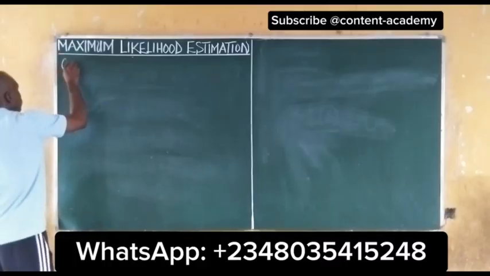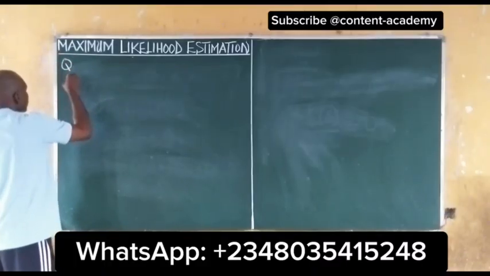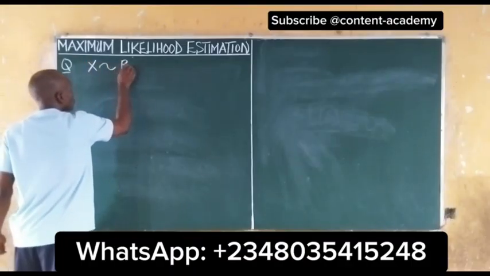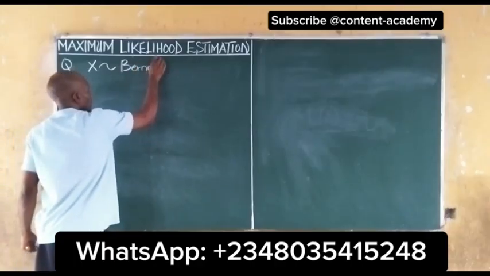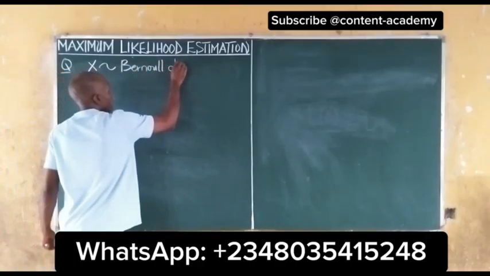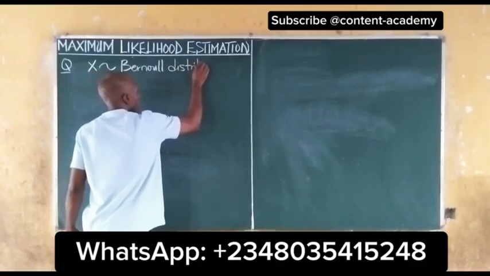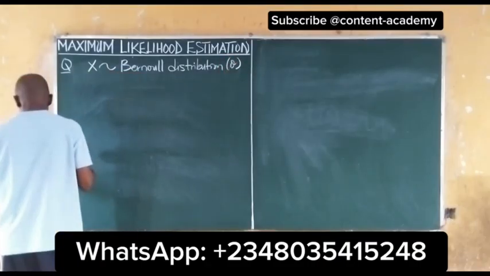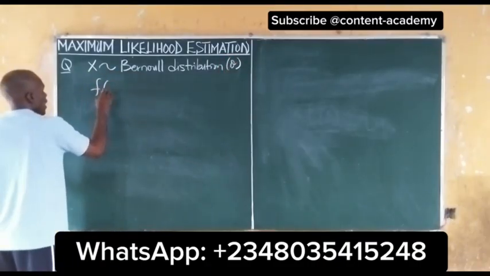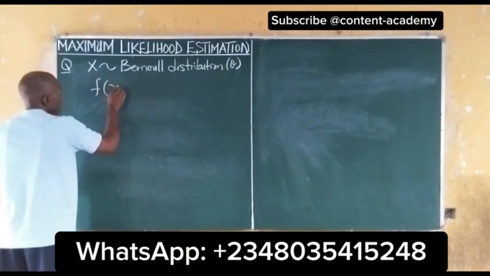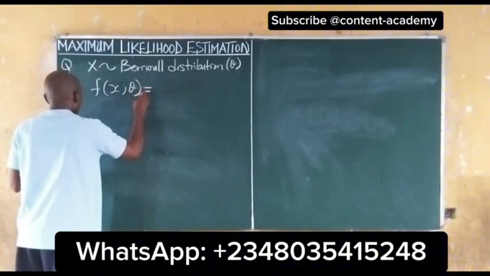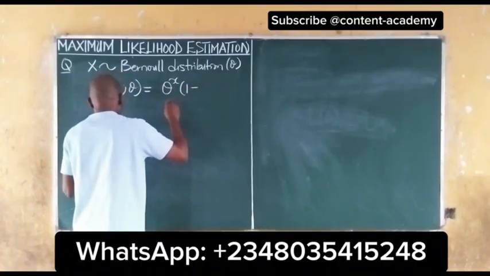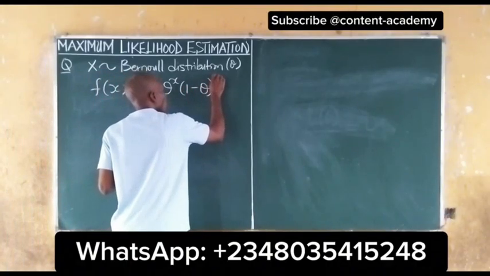So, our first question will now be: if X follows a Bernoulli distribution with parameter theta, and we are given the PDF to be theta to the power x, into 1 minus theta to the power 1 minus x.